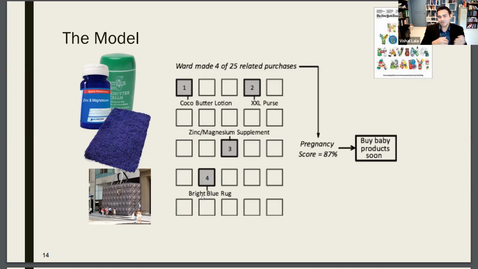You could throw in other things also here that might be markers of pregnancy, like for example, a pregnancy test. And not just one, because if somebody got just one pregnancy test, they're probably not pregnant. It is only when they get the second or third one that you know that they're guaranteed to be pregnant.